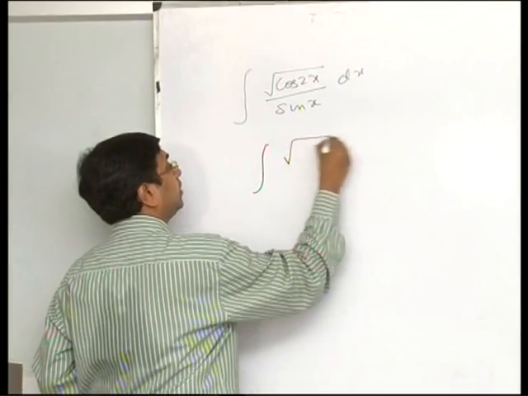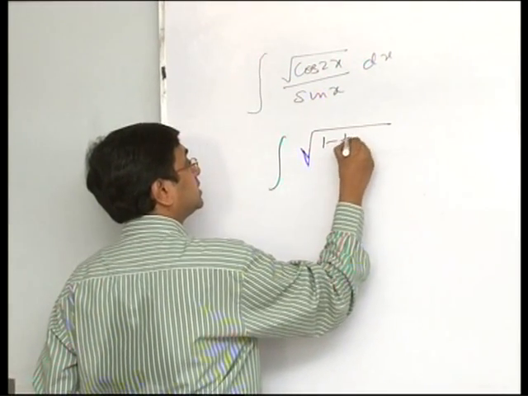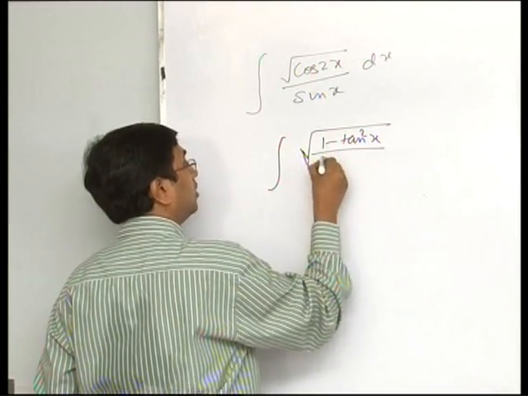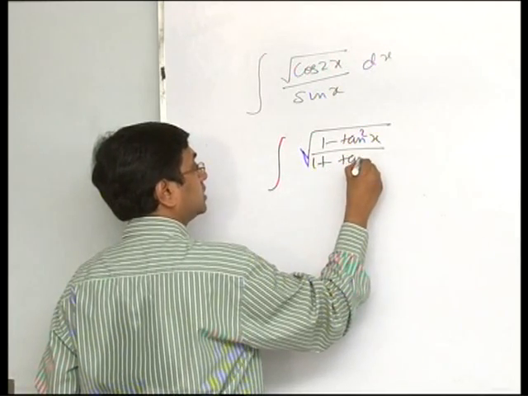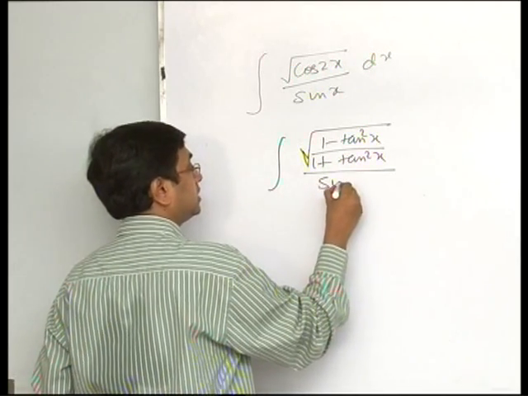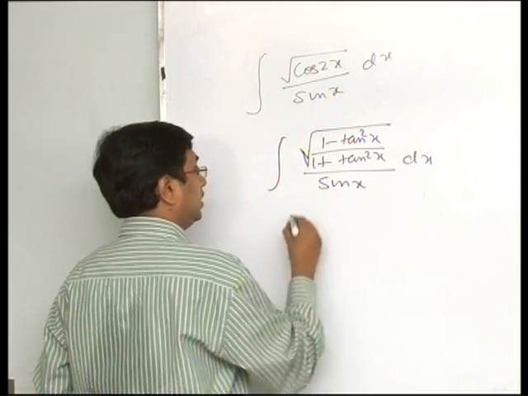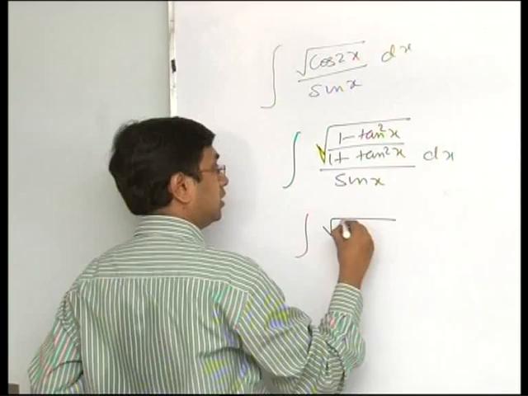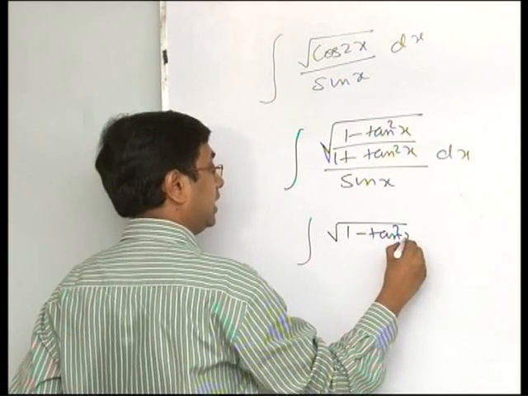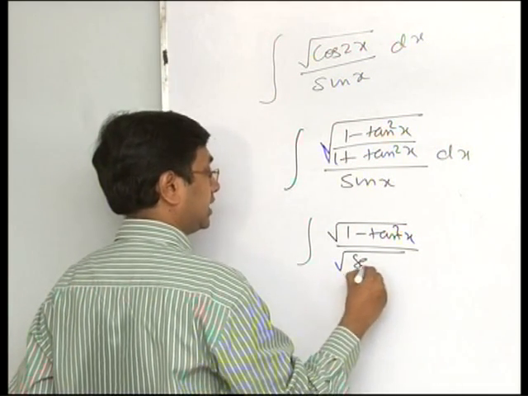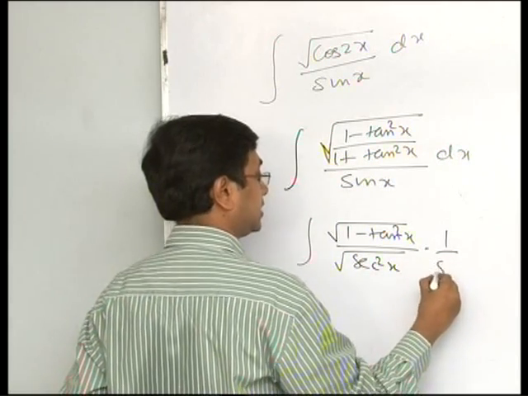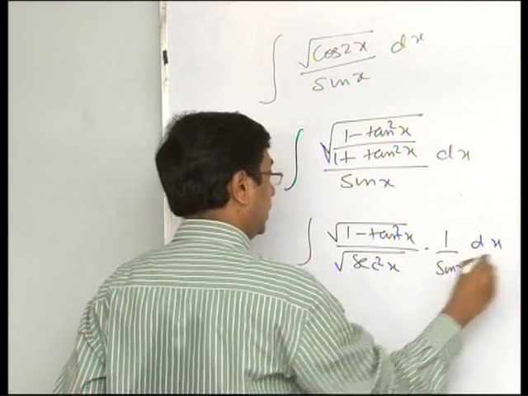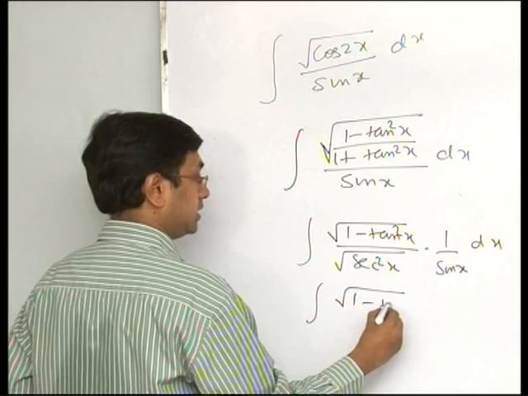Now you know this can be written as 1 minus tan square x upon 1 plus tan square x, upon sin x dx, using the formula for cos 2x. So what does this become? This becomes under root 1 minus tan square x, obviously, and a root of sec square x, and you have sin x out here, which again can be written like this.